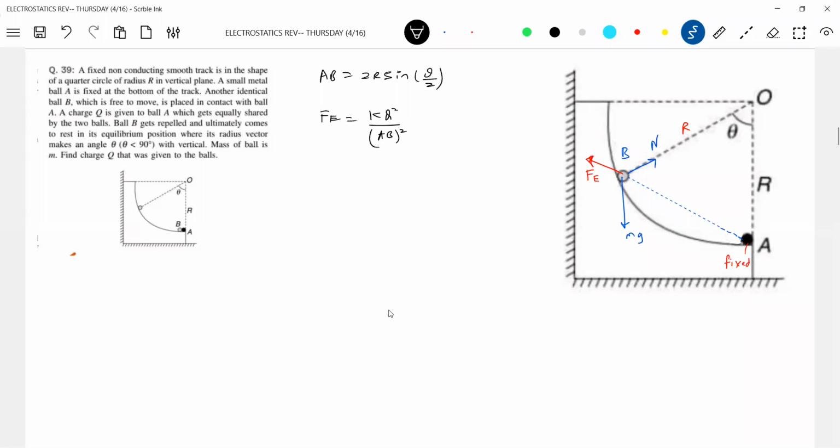What is the question that is asked? Find the charge Q that was given to the balls. Ball B gets repelled and ultimately comes to rest in an equilibrium position where its radius vector makes an angle theta with vertical. The B is in equilibrium, charged particle.